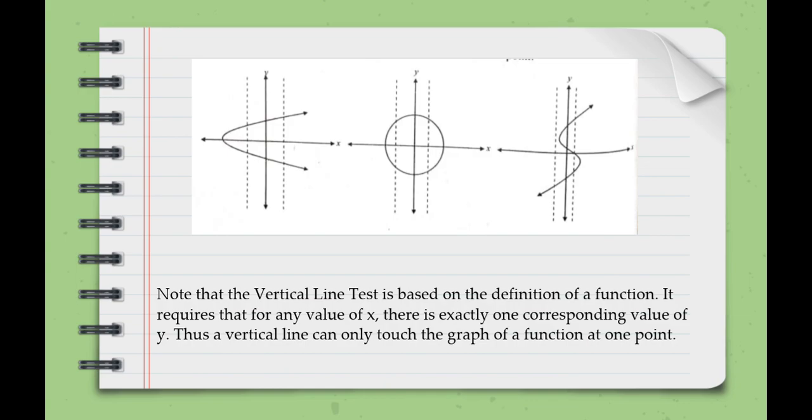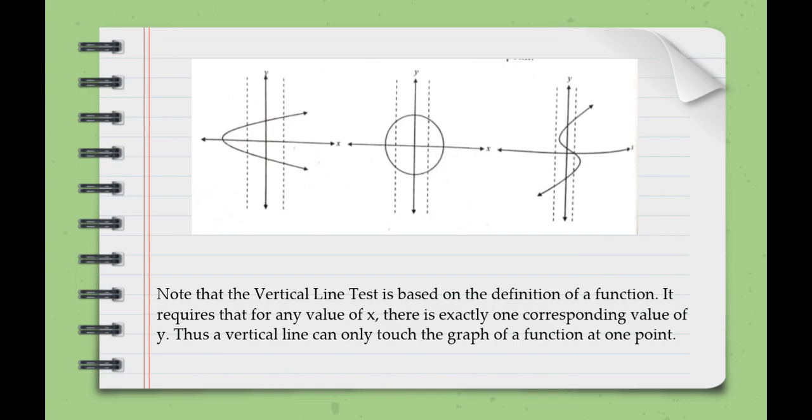Kung mapapansin po natin sa tatlong given na yan, kung i-observe po natin ang intersection between the graph and the vertical line ay nag-intersect po siya more than one point. So, lagi natin tatandaan na based on the definition of function, it requires that for any value of x, there is exactly one corresponding value of y. Thus, the vertical line can only touch the graph of a function at one point.